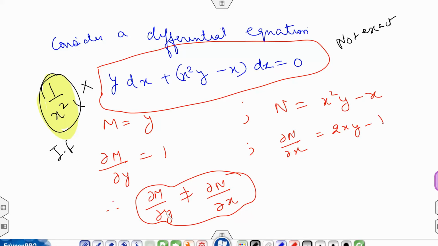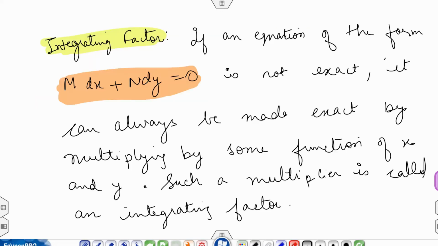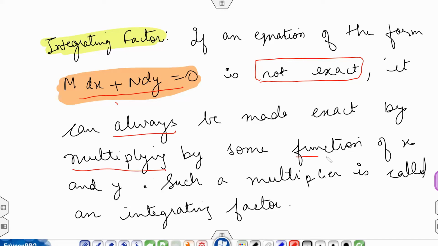If you have an equation of this form which is not exact, it can always be made exact by multiplying it by some function of x and y, and such a multiplier is called an integrating factor. You have just seen an example.